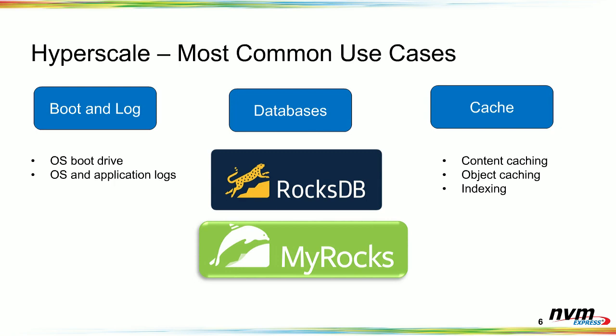Thanks, John. This is Mark Carlson. Some of the use cases include boot and log for the OS boot drive, especially when you're doing a hypervisor and every customer has their own virtual machine. You want the OS and application logs to go into SSDs in some cases. And then there are the databases.